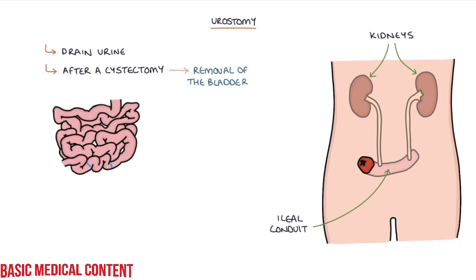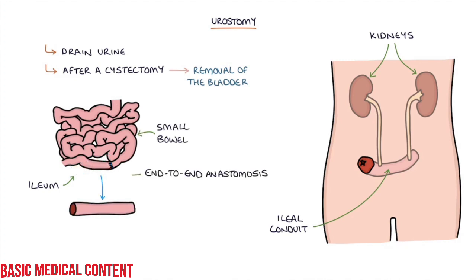A 15 to 20 centimeter section of the ileum, which is the distal portion of the small bowel, is removed, and an end-to-end anastomosis is created so that the bowel remains continuous and the bowel function is not affected. Then the ends of the ureters are anastomosed to this new separated portion of the ileum.